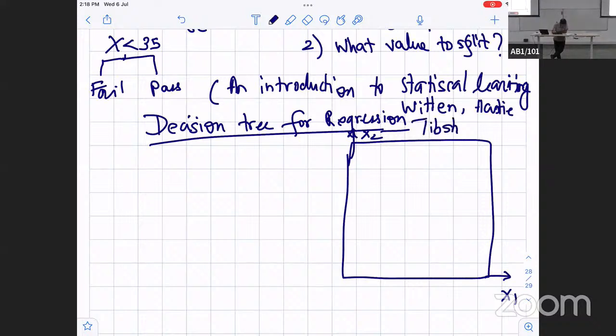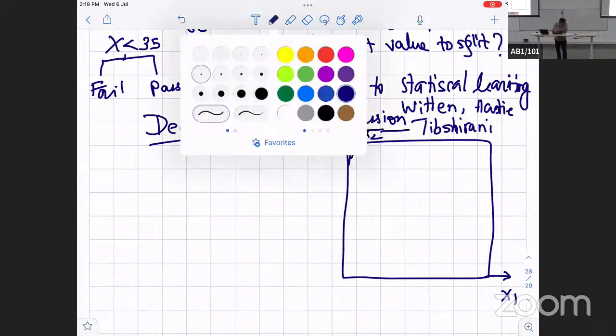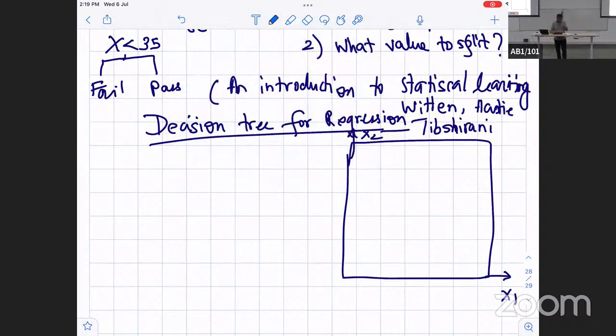This book is available for free download, so you can always read this. There is a good chapter on decision trees.